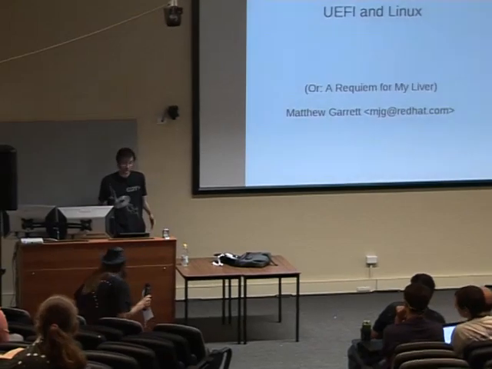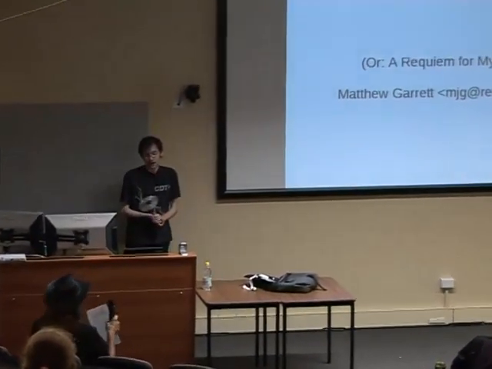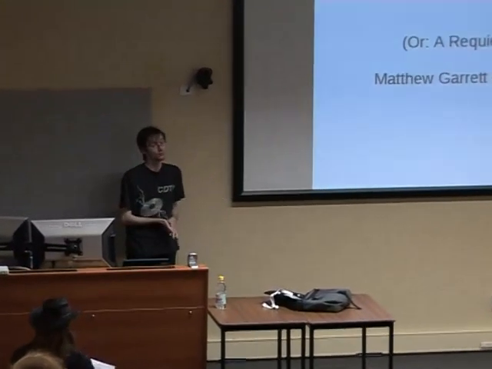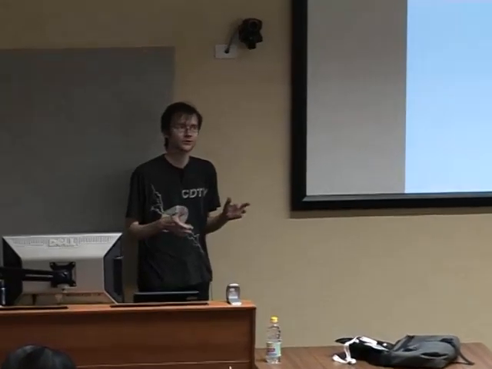Hi. All right. Well, as was mentioned, my name is Matthew Garrett. I work for Red Hat. I have opinions on firmware. So, are any of you familiar with Klout? It's a service that mostly tries to sell you things subtly, but it nominally works out what people are influential about on Twitter.